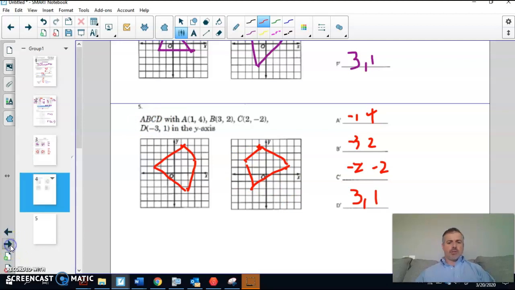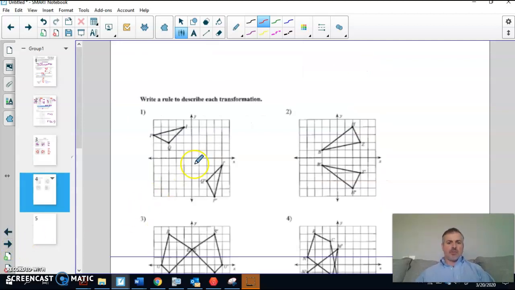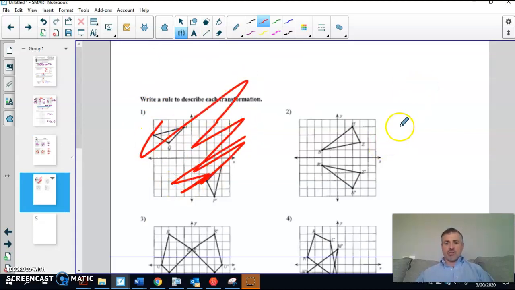So next on here, oh, describe the transformation. Don't worry about this one. We'll get to that one. But this one's a reflection. So this is a reflection over the x-axis. I can tell that.